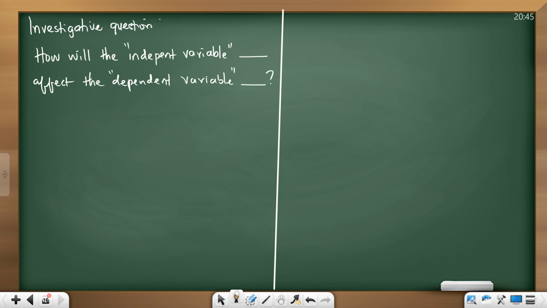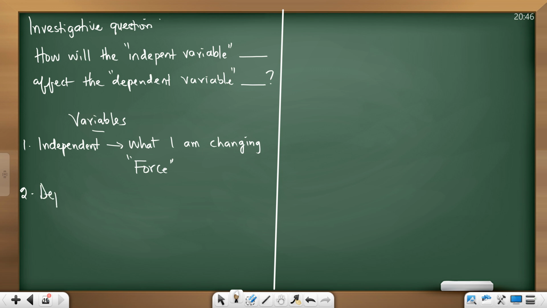The question is, how do I know my variables? Quickly talk about that. Number 1, independent is what I am changing. And in this case, you would notice we said we are adding more force masses to change the force. So in this case, it is the force.